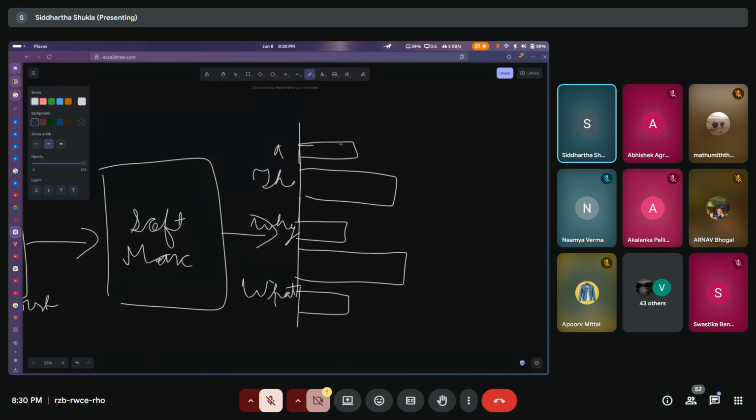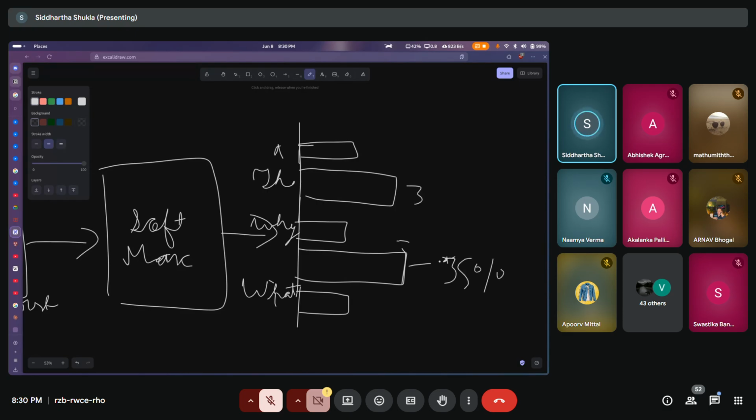Let's say this is "what", and this has the highest probability, so it's going to map it to, I don't know, 35%.